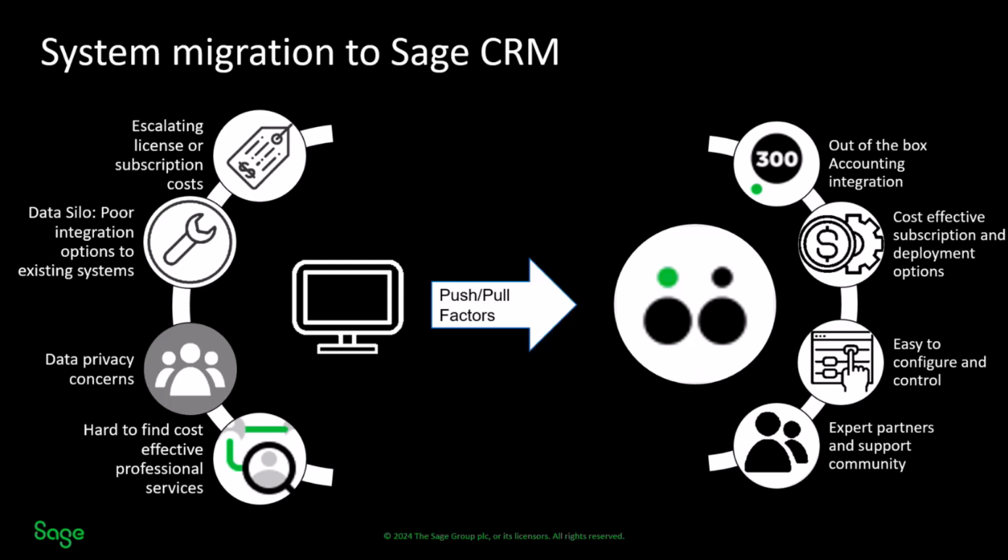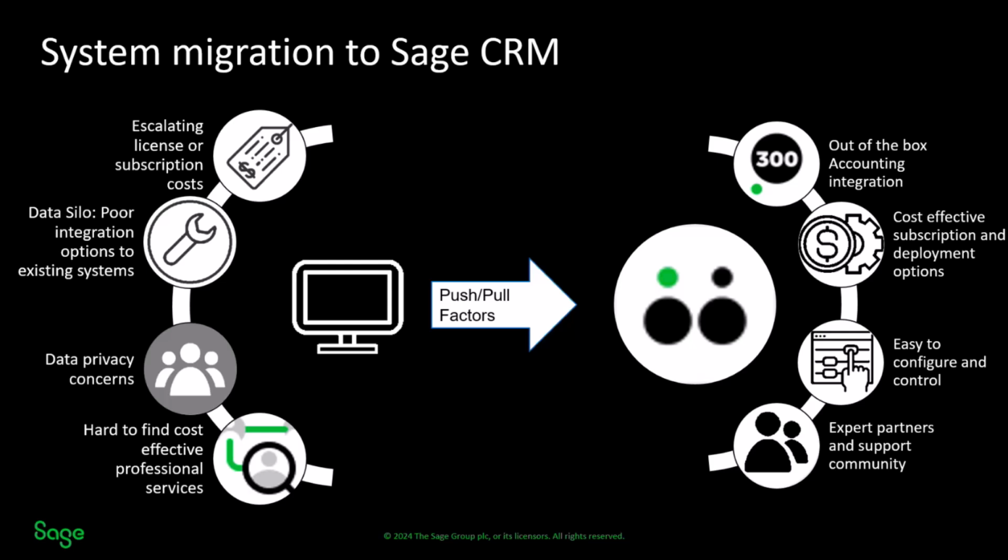Now, there are pull factors specific to Sage CRM because of the out-of-the-box integration with Sage accounting products, whether that's Sage 100, Sage 200, or Sage 300. And by extension, there are partner integrations, which are essentially click-to-install implementations for Sage 50 through to Sage Intacct, meaning that there is just an ease of integration.